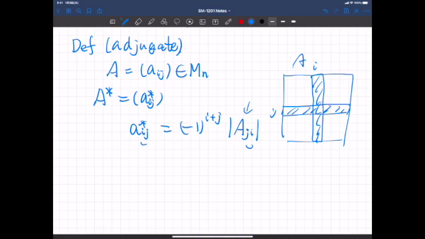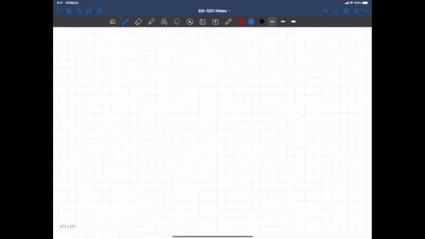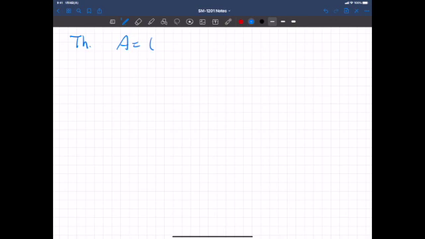Now, using this, we prove the following theorem. A is a square matrix, and A star is A's adjugate. Then we have the following.